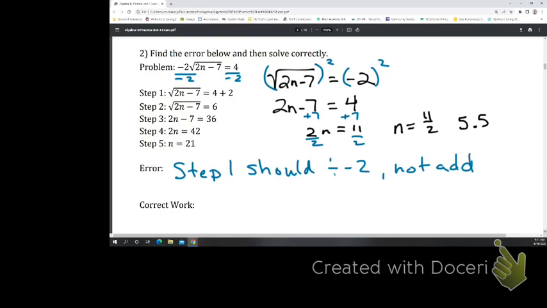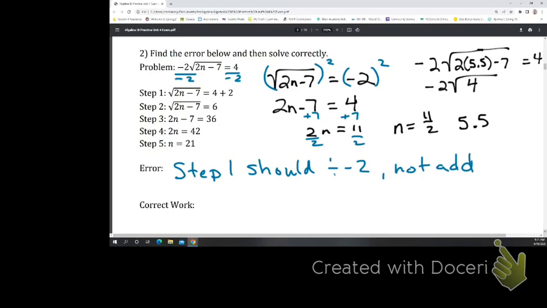So when I check it, I would be doing this, and then 2 times 5.5 minus 7, well, or -2 times that, sorry. So this is 11 minus 7 is 4.